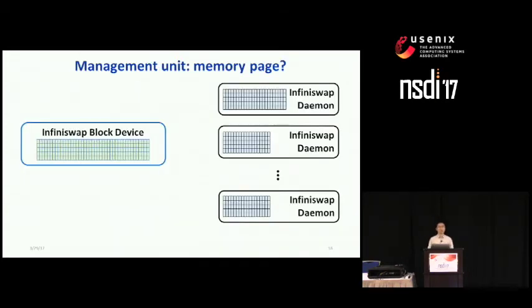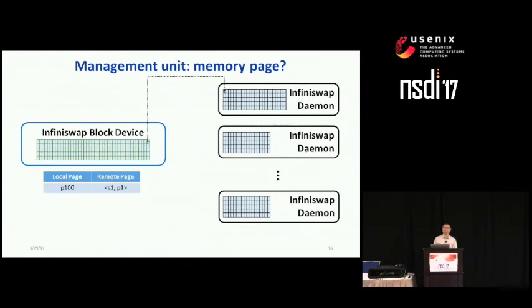As we all know, local memory space is managed at page scale. But if we also divide the remote memory into small memory pages, then we have to use lots of space to maintain the metadata for remote mapping. For example, if this block device needs 1 GB of remote memory, then it has to maintain 256 kilo entries in a remote mapping table.